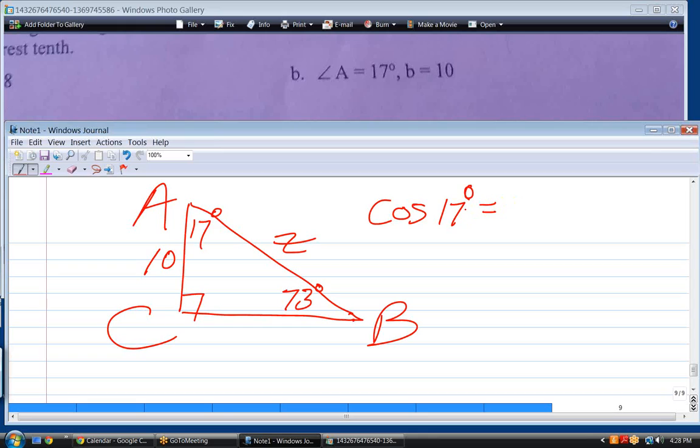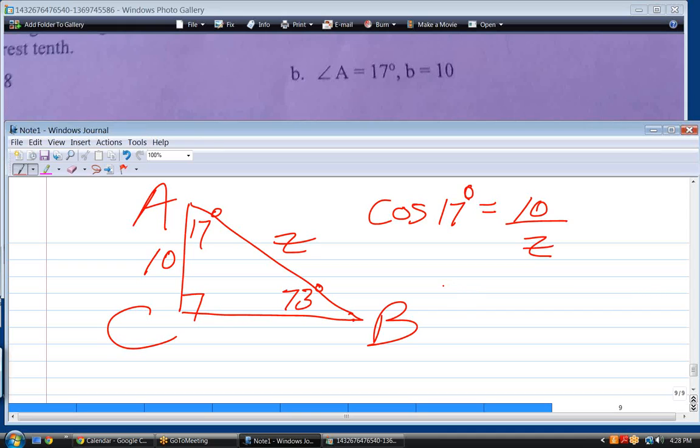Cosine of 17 degrees equals what in terms of my drawing? 10 over z, right?